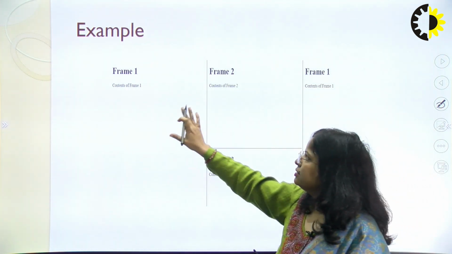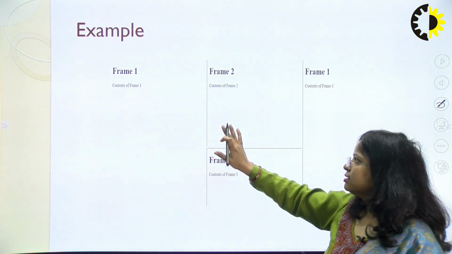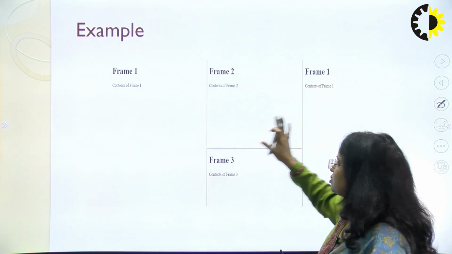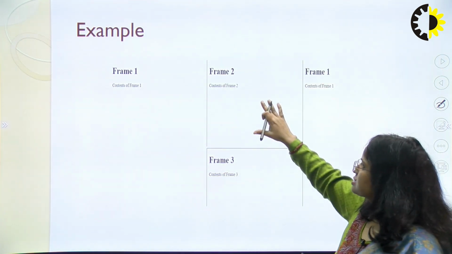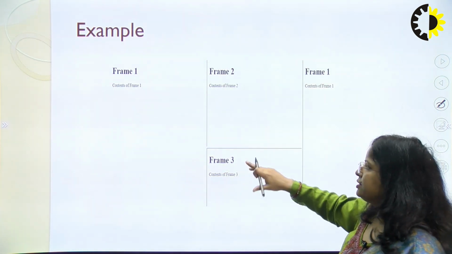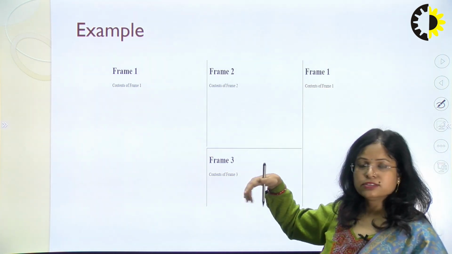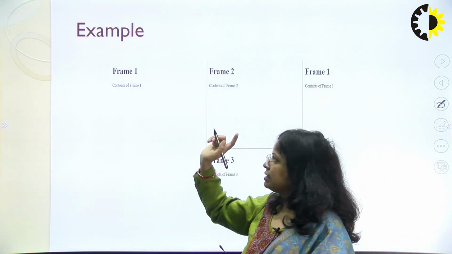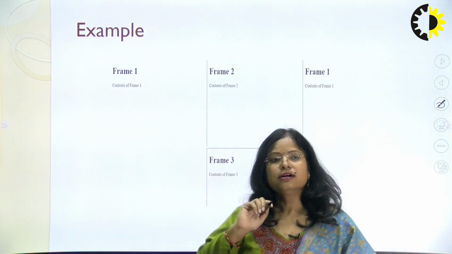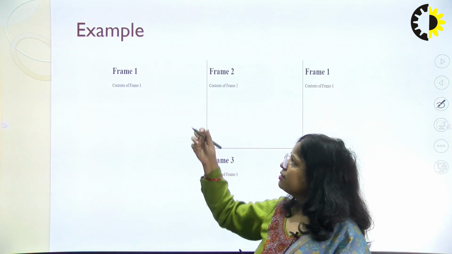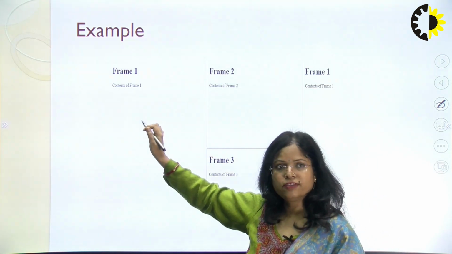Here we have 3 main columns, column 1, column 2, column 3, but one column is divided into 2 rows. So we can create the specific file corresponding to the frame.